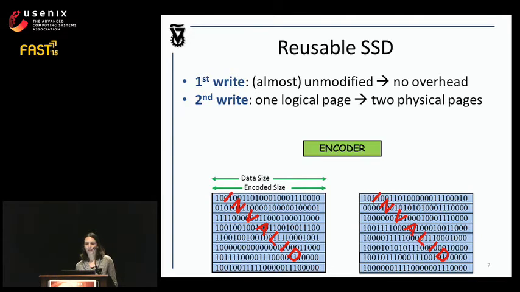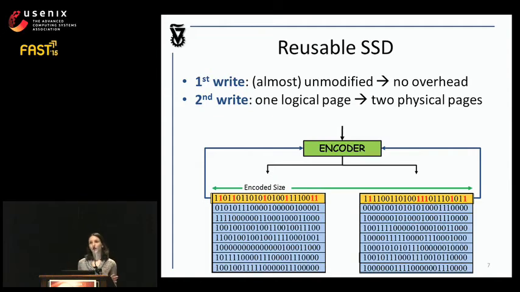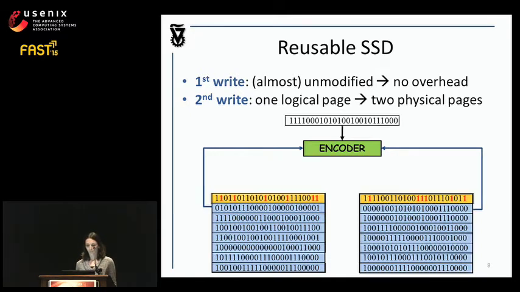Now when the user writes the data, the WOM encoder produces an output that's twice as large as the original data. So one logical page has to occupy two physical pages, and they're written on separate blocks. These blocks reside on different planes, so this can be done in parallel in every current SSD, and this way we avoid the additional latency of the capacity overhead.